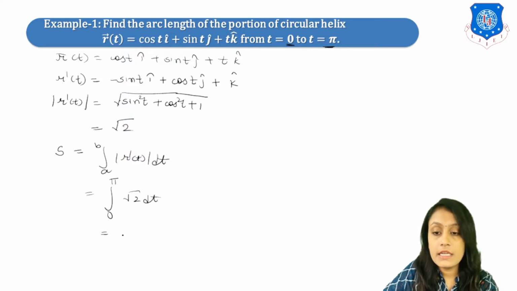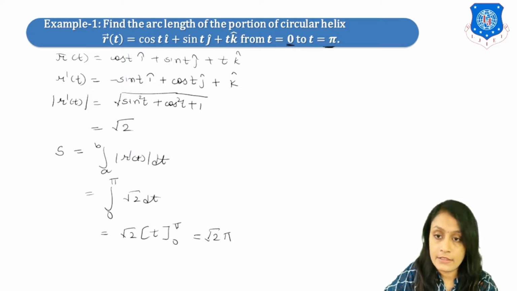Just integrate this, so we will get under root 2, and the integration of dt is t, with the limits from 0 to pi. Substitute the limit, so you will get the answer as under root 2 pi. So in this way we can find arc length. R of t is given, find its derivative, find its mod, substitute it in the formula and just integrate it, so you will get the arc length.